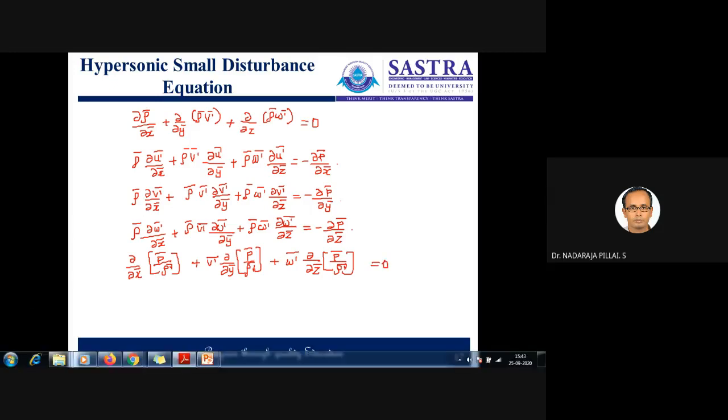So we need to note that for non-dimensionalizing, we have considered the equations to be of order of magnitude unity, right? And we arrive at this final equation.